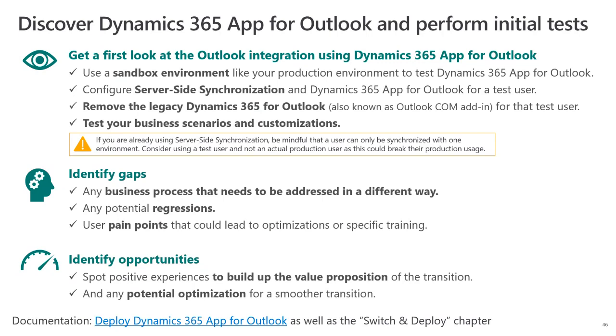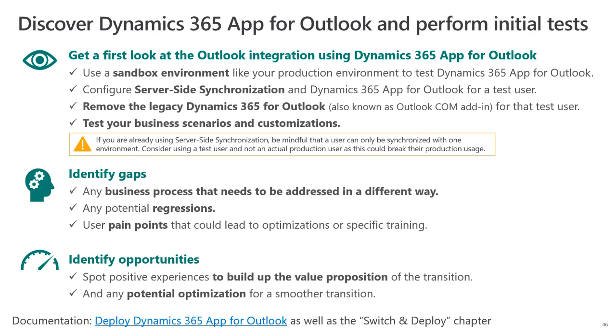Be mindful that if you're already using server-side synchronization, a user can only be synchronized with one environment, one organization. So if your test user is a production user and you set him up on a test environment, he will no longer be able to synchronize data with the production environment during those tests unless you configure that user back on production.